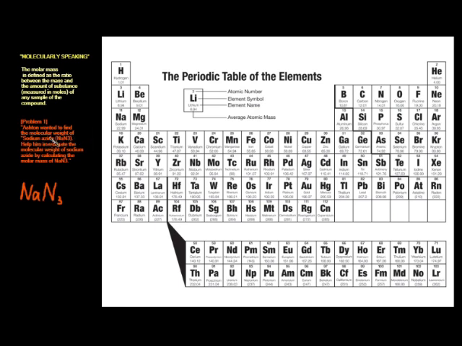Sodium azide is sodium, a single atom, and nitrogen, three atoms of nitrogen, which we just call azide. Help him investigate the molecular weight of sodium azide by calculating the molar mass of sodium azide.